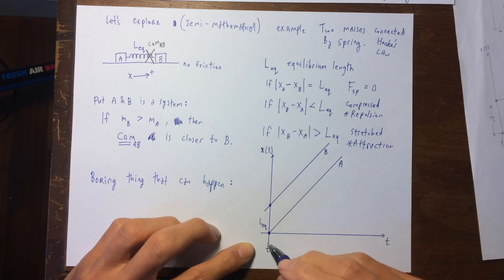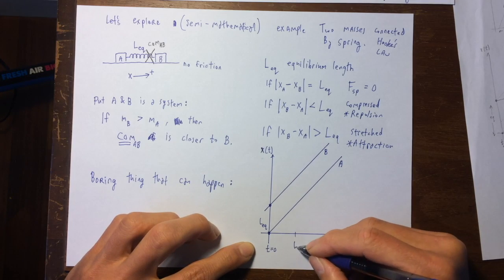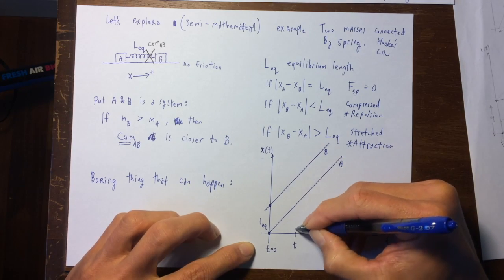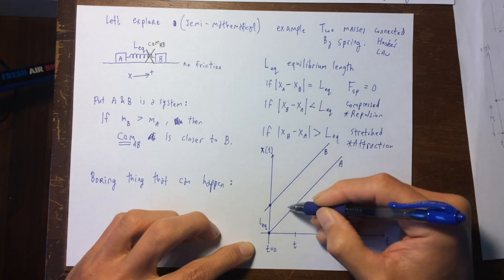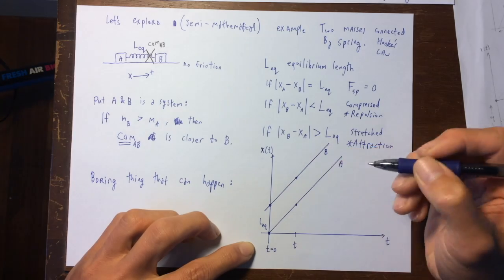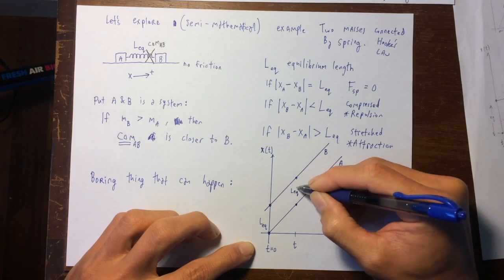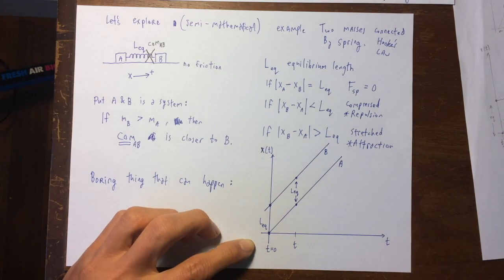And if you check at a time later, the position of A, whatever it is, and the position of B, whatever it is, are separated by the equilibrium length.